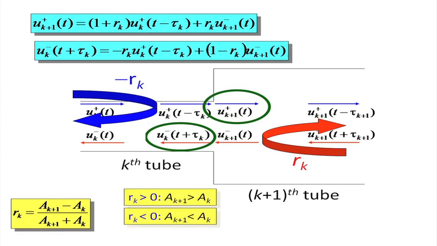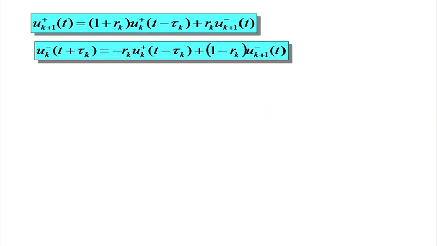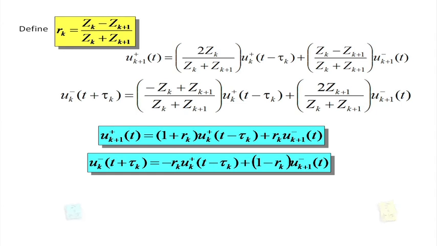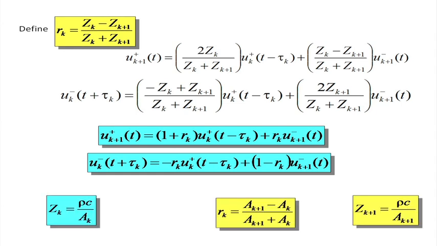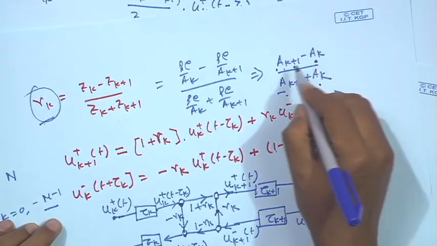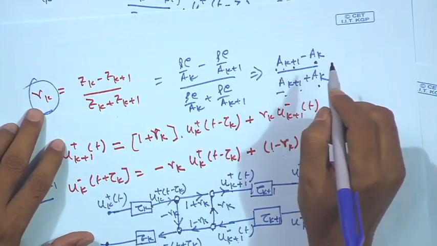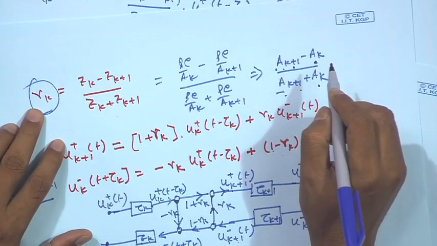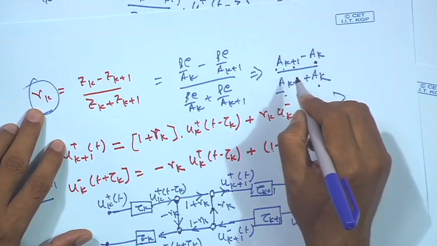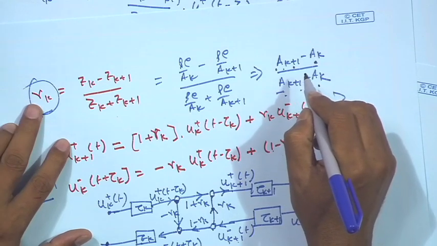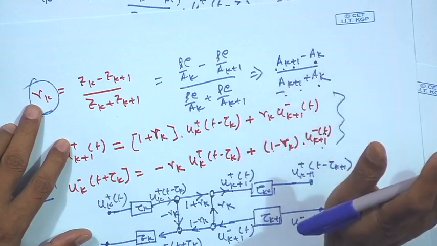Now, let's consider the value of r k. The r k is a k plus 1 minus a k divided by a k plus 1 plus a k. Now, what is the maximum value of r k? What is the minimum value of r k?